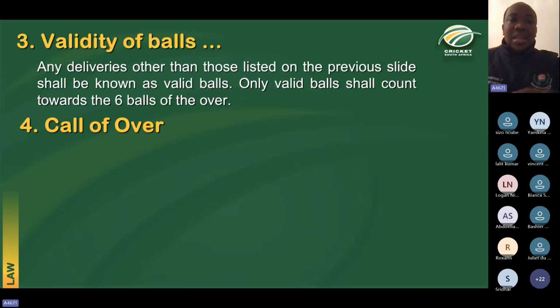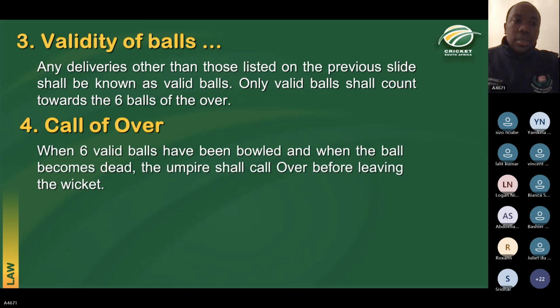Any deliveries other than those listed on the previous slide shall be known as valid deliveries, and only valid deliveries shall count towards the 6 balls of the over. When 6 valid balls have been bowled and the ball becomes dead, the umpire shall call over before leaving the wicket at the bowler's end.